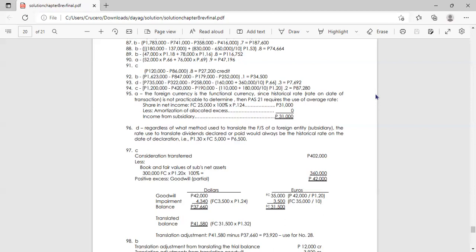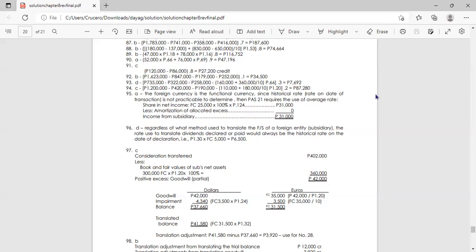We have 1,623 minus 847,000 minus 179,000 and 252,000, and then we multiply it by 0.1. That's now the non-controlling interest because the ownership is 90%. So the non-controlling interest is only 10%. So letter D for number 92.